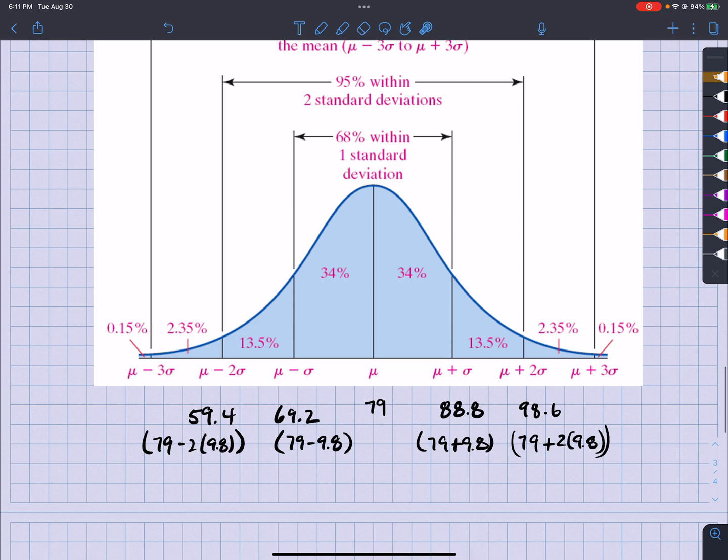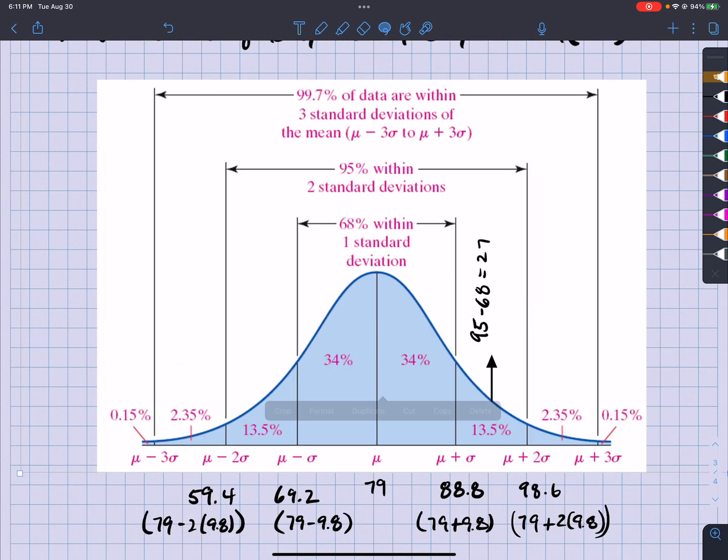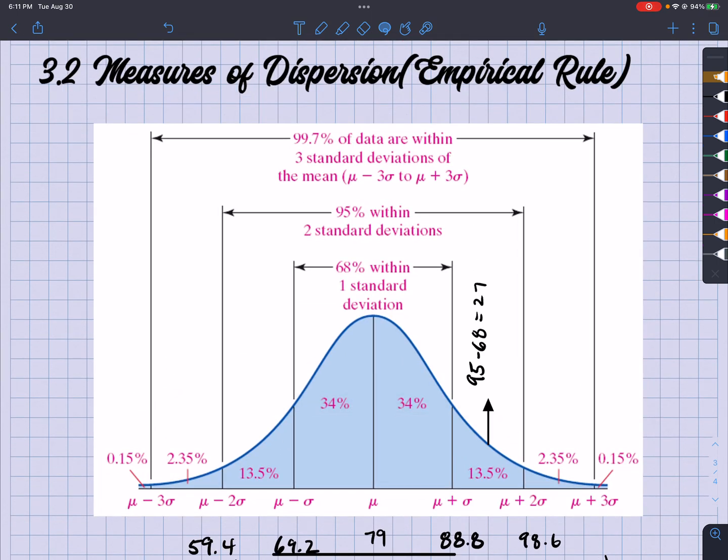So again, the 13.5 came from 95 minus 68, which is equal to 27, and then taking that 27 and dividing by 2, which will give you the 13.5.